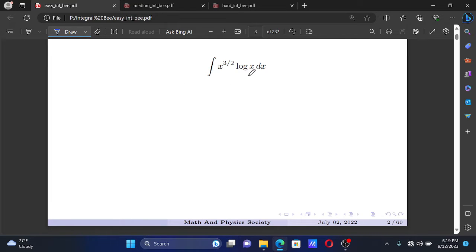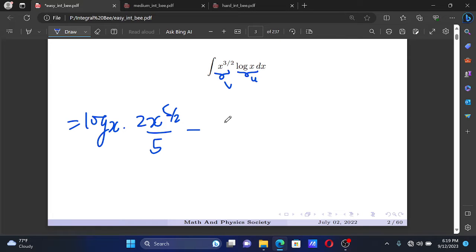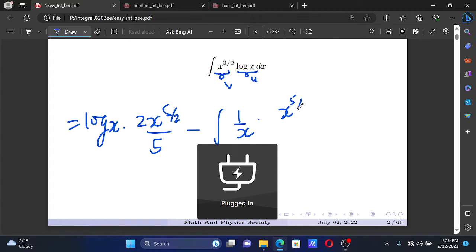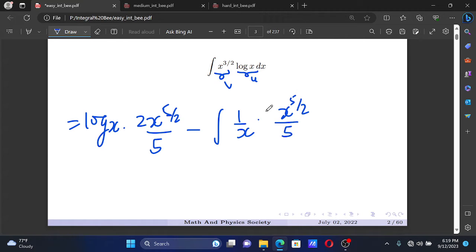For this problem, we will use integration by parts. We can have this log x as u and this as v, and when differentiated, it gets into a similar form. So we have log x times x to the power 5/2 by 5/2, minus the integral of 1/x as the derivative of log x, times x to the power 5/2 by 5/2 dx.